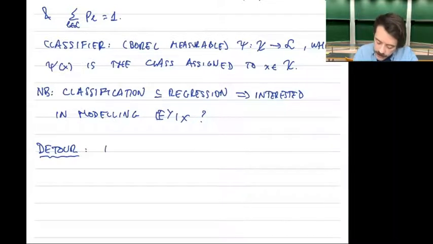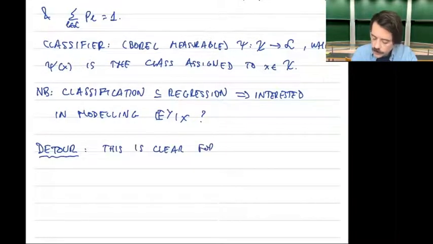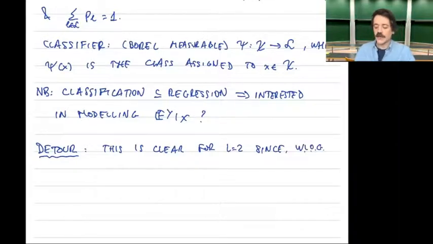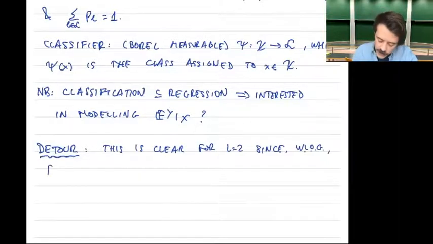This is clear, since without loss of generality, rather than taking the calligraphic L to be 1, 2, we can take it to be 0, 1.